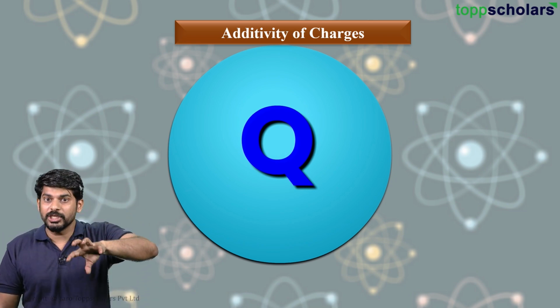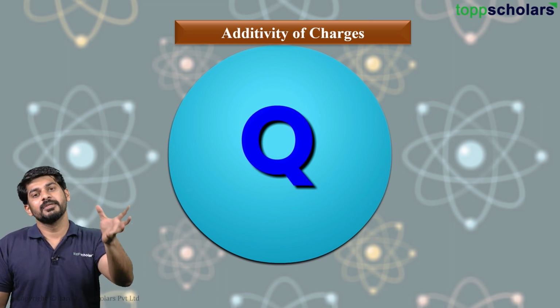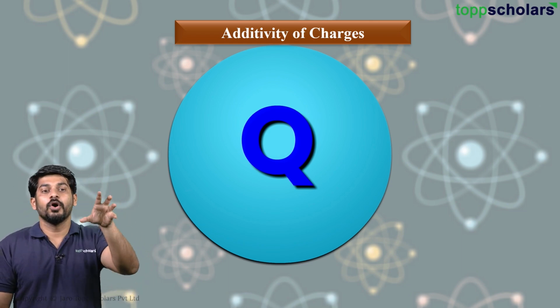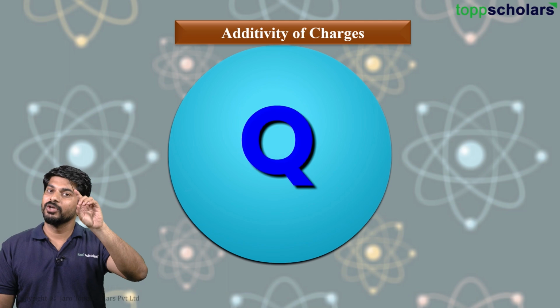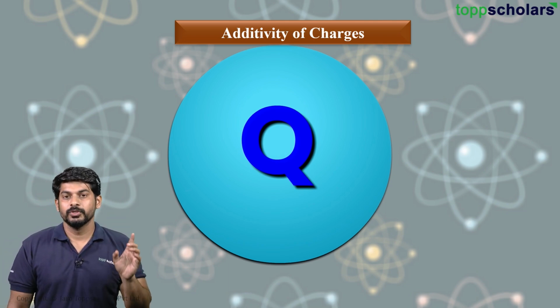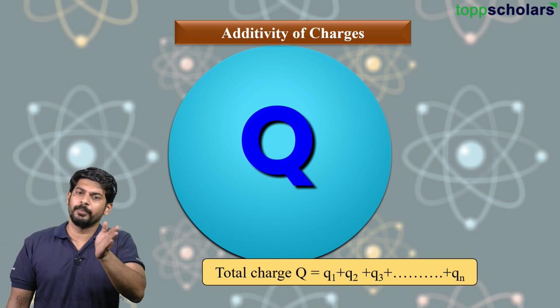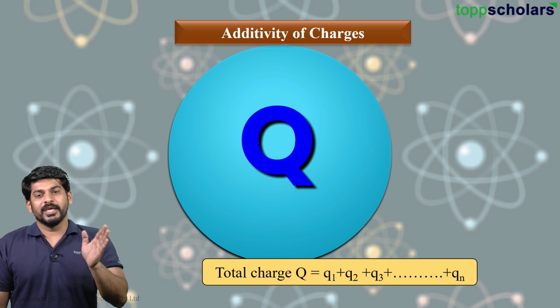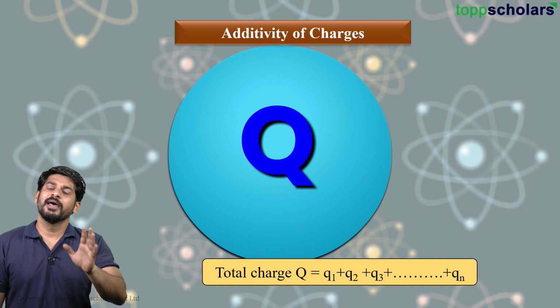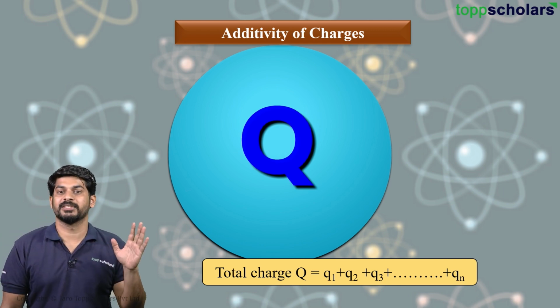Then the total charge on the body is the sum of all the individual charges. Simply, total charge is equal to Q1 plus Q2 plus Q3 up to Qn. So we can say that charges add up like normal numbers.